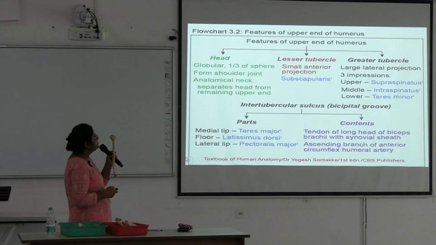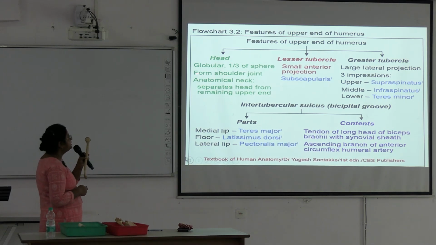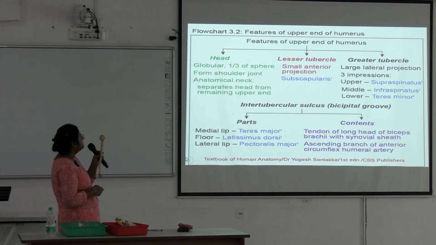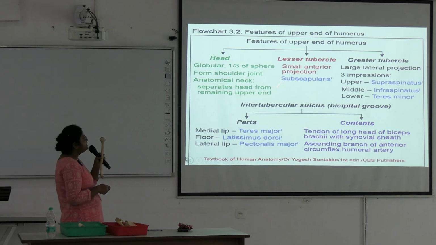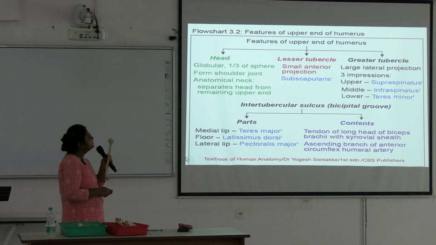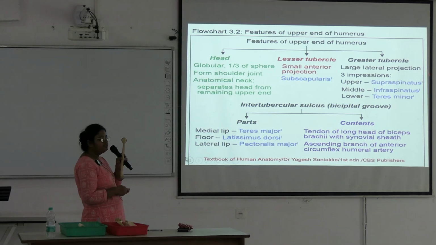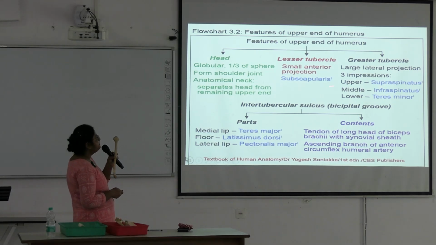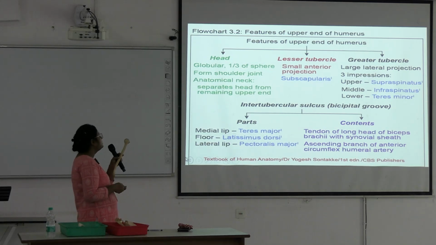Okay, so features of upper end of humerus: head globular, forms one third of a sphere, forms shoulder joint. Anatomical neck separates head from remaining upper end. Next is lesser tubercle, small anterior projection, subscapularis muscle is attached. Greater tubercle, large lateral projection, three insertions, upper, middle, lower: supraspinatus, infraspinatus, teres minor.